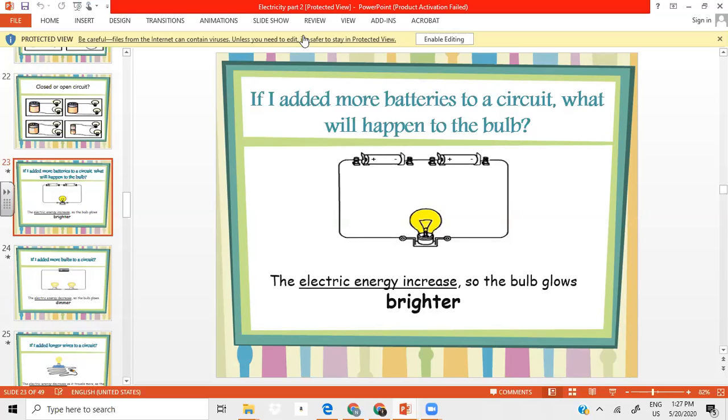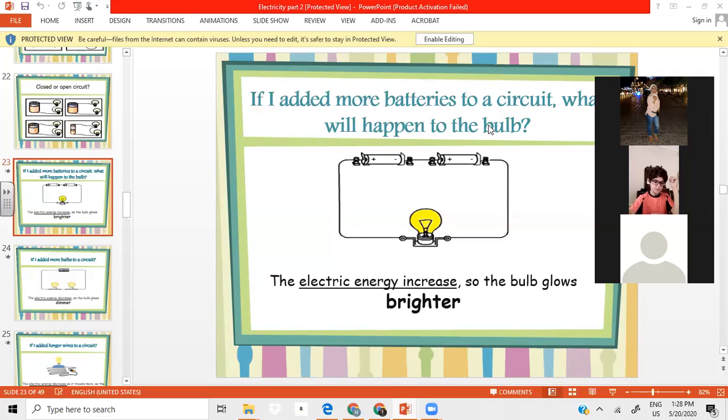Okay, guys, in a circuit, if you added more cells or more power sources, will this make the bulb light brighter or dimmer? If you added more power sources or more batteries to your circuit, will the bulb glow brighter or dimmer?